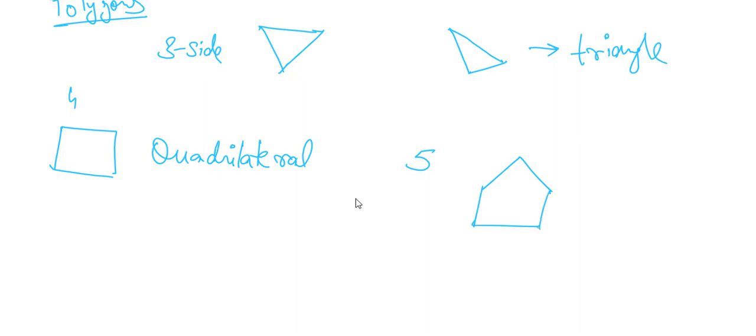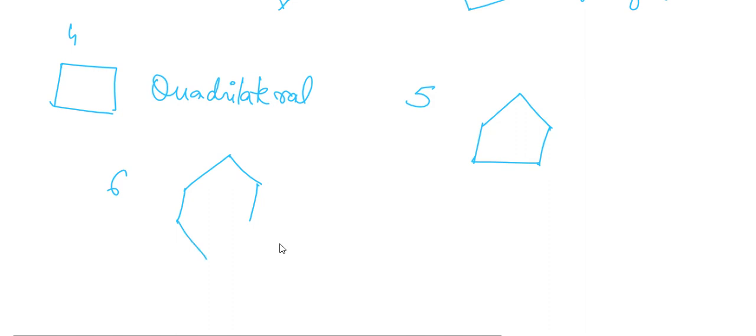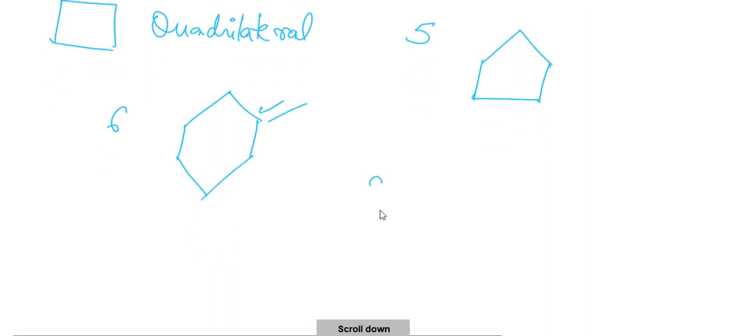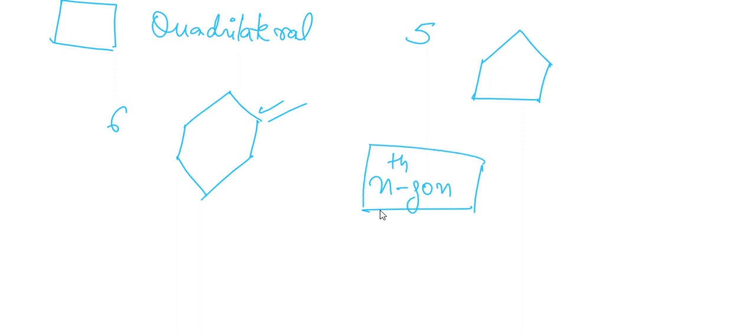For six-sided, I would have a hexagon: 2, 3, 4, and further 5 and 6, so it is my hexagon. Similarly, you can go till n-gon. N-gon means nth polygon, you may extend up to the nth polygon.